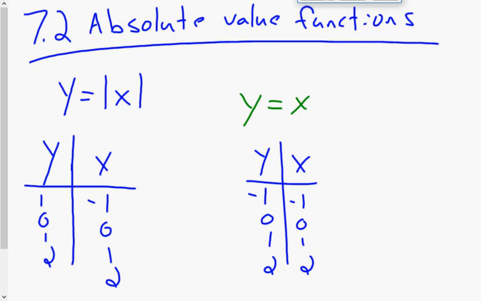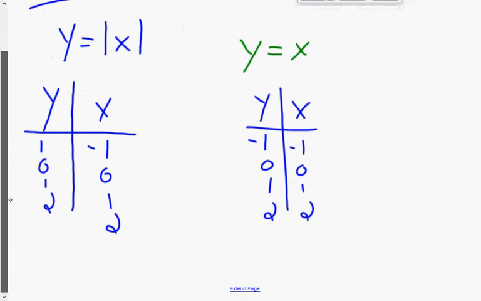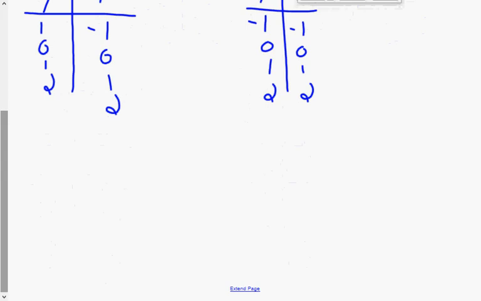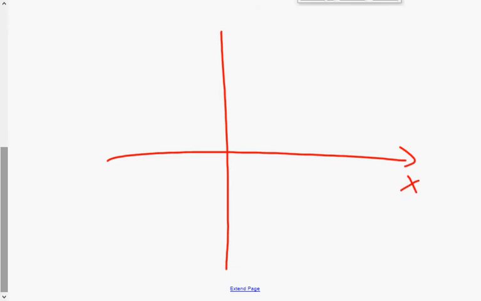Okay, so if I was to graph this, this is what we're going to be working on today. If I was to graph the original one, there's y equals x. That's just a straight line that passes through the origin, if anyone asks.